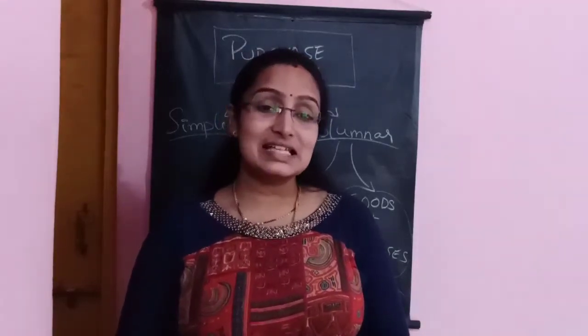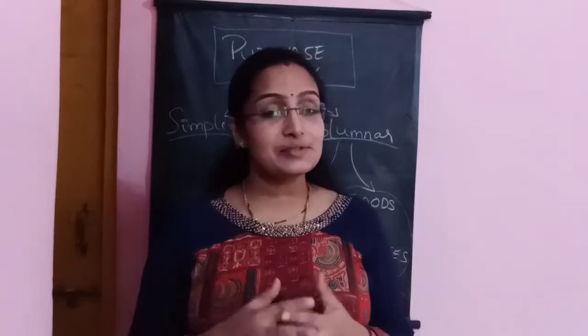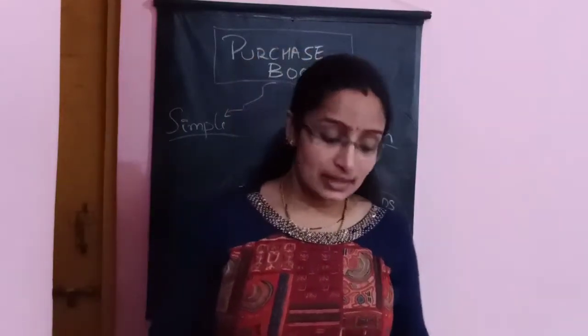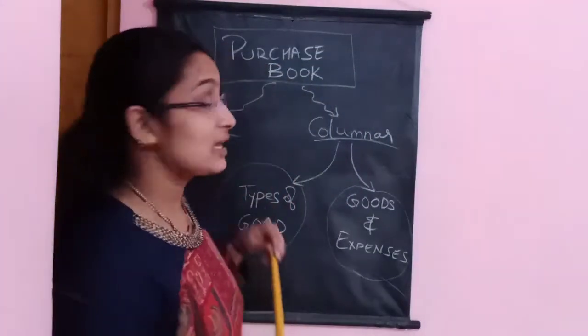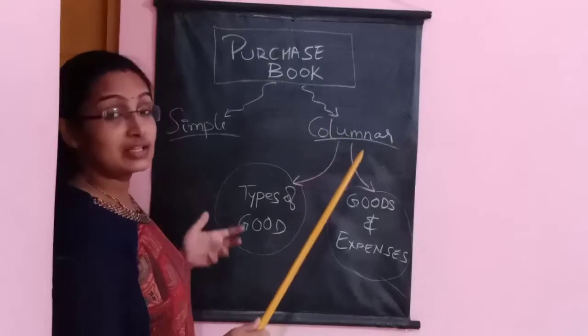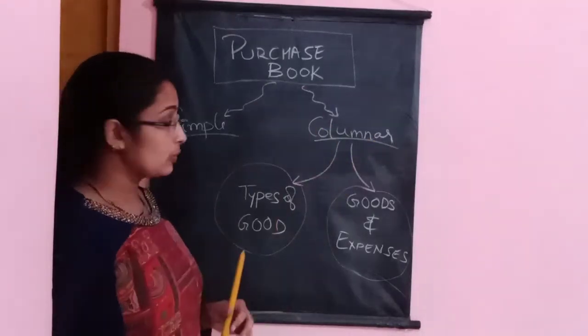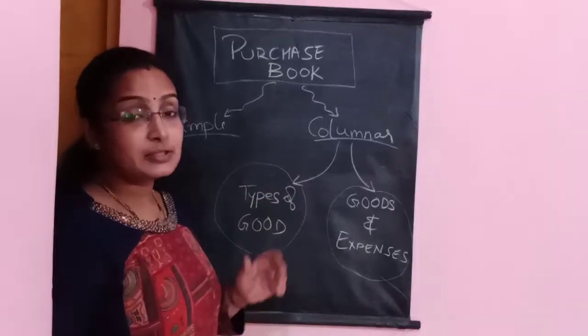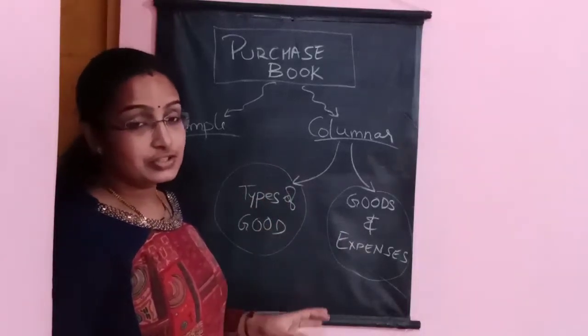Now, let's see the types of preparation of purchase book. There are two main types of purchase book. One is the simple purchase book and the other one is the columnar purchase book. In the simple purchase book, only the amount column and the particulars column are written.